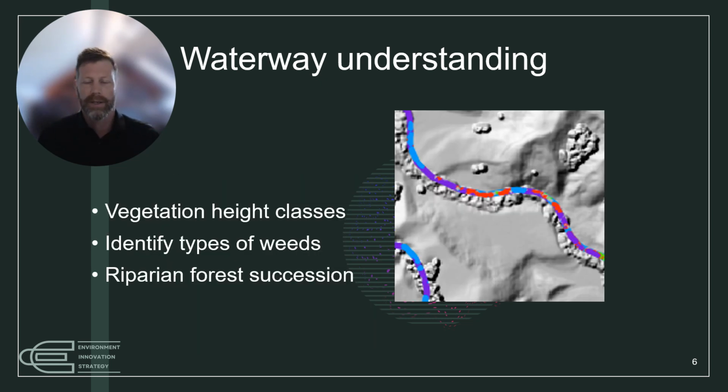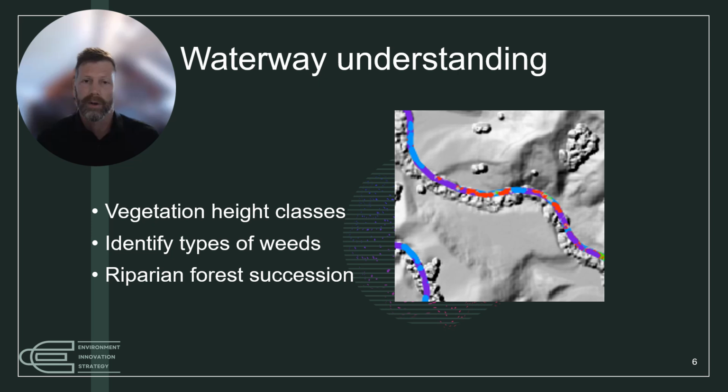The second part is looking again in a little bit more detail at vegetation height classes. And this image on the right hand side just shows different colors for different vegetation types. So we've asked the model to color it in where we've got different vegetation types. So this enables us in our case to identify different types of weeds, because there are not many native or beneficial plants in this catchment that we're looking at.